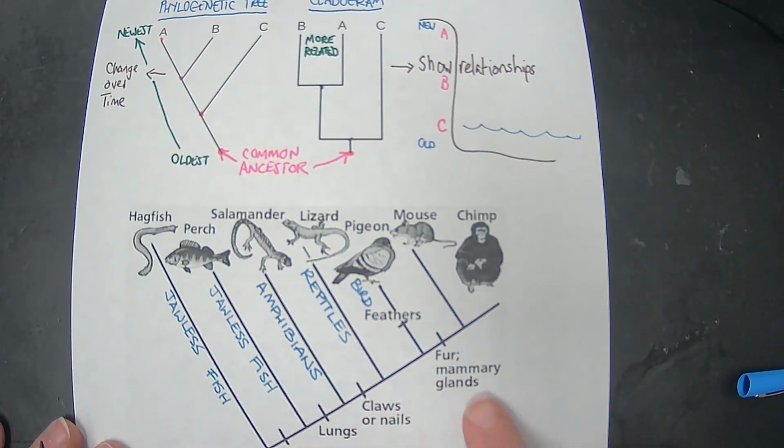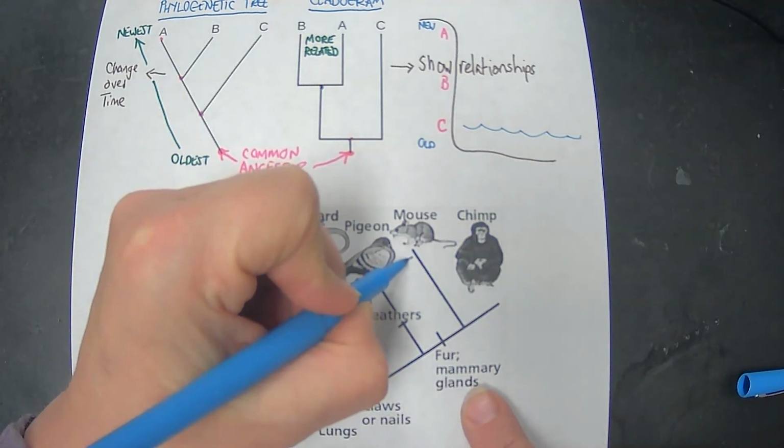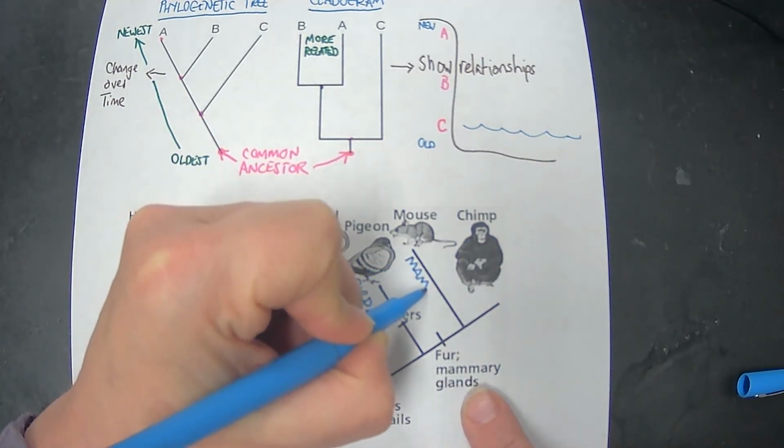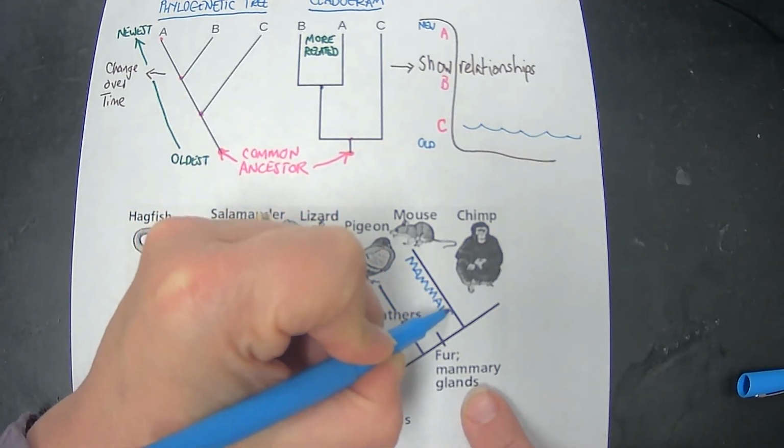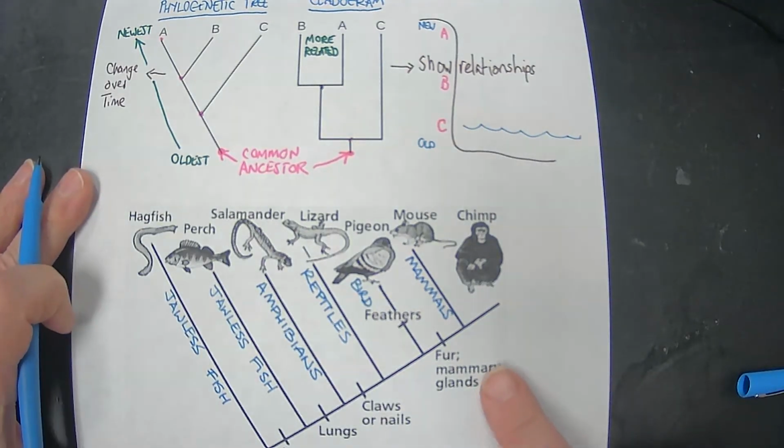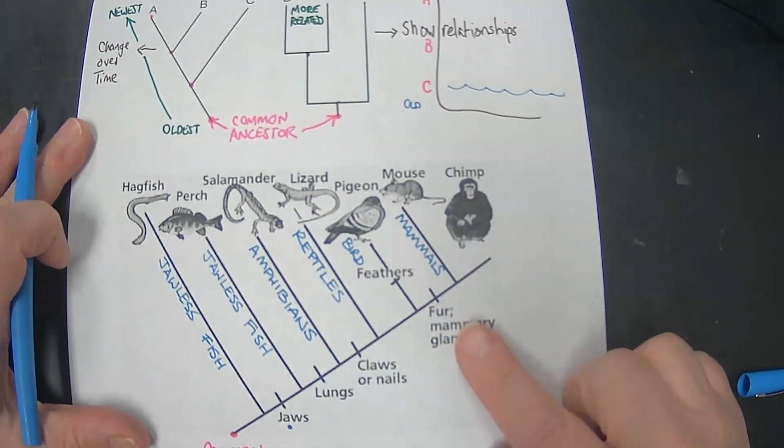Following along our timeline, we've now got fur and mammary glands. Mammary glands produce milk, and that gave rise to the mammals. Mammals are the first organisms where the offspring develop internally.